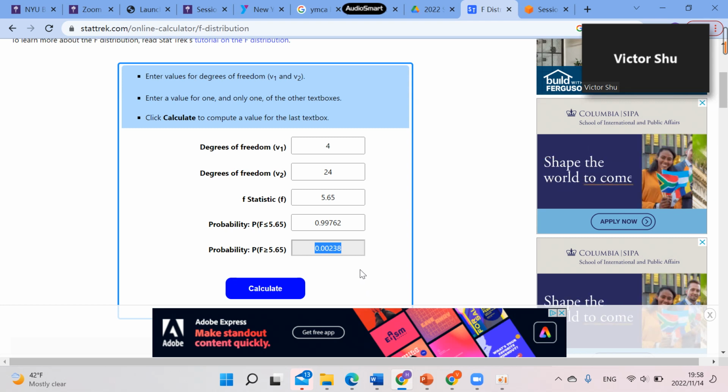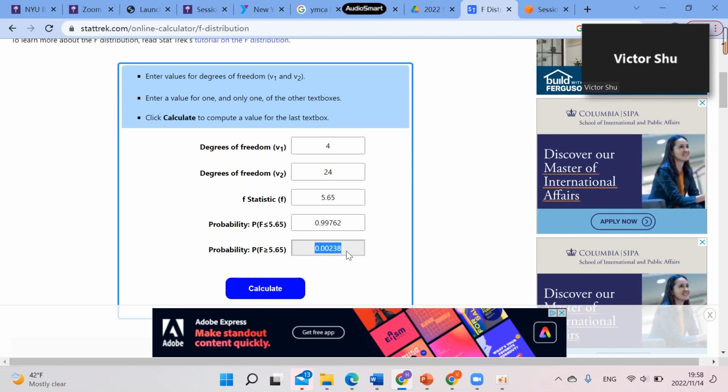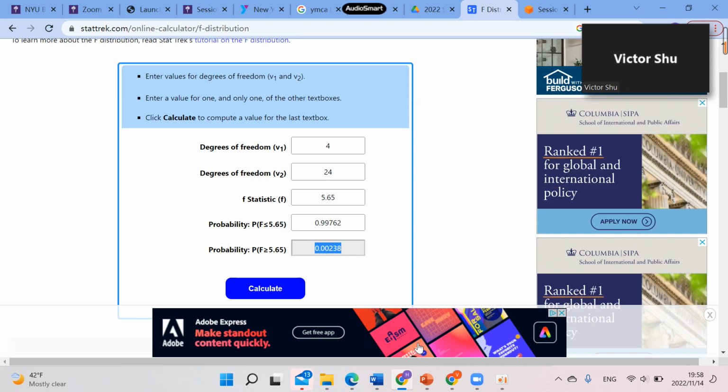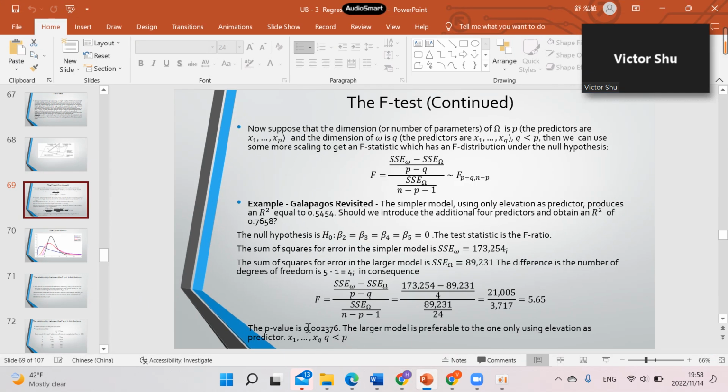You're not going to locate this p-value in the table, because in the F table there are only some very important p-values, like 5%, 2.5%, 1%, something. But if you just Google an F calculator, you get this one, which coincides with this, 0.002376, approximately 0.00238. Right, this p-value is very small.